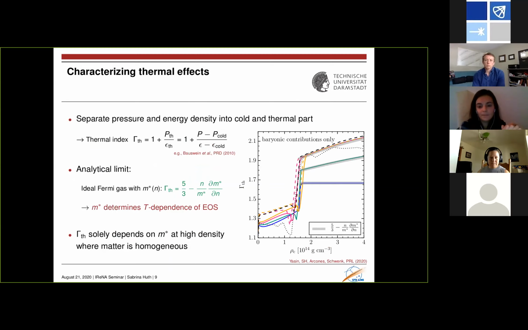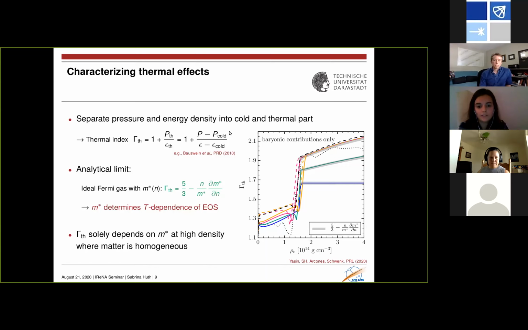But the reason for this distinct behavior of the proto-neutron star contraction due to the effective mass is given by the thermal effects. We can calculate the thermal index by separating the pressure and energy density into a cold and thermal part, which you can see here. The thermal index is then just 1 plus the ratio of thermal pressure to thermal energy density. This means that you have here the total pressure minus your cold pressure.